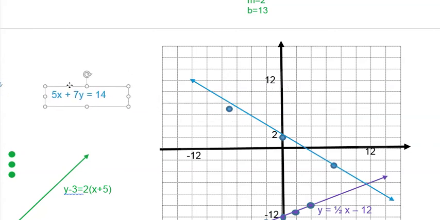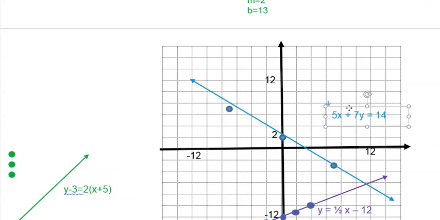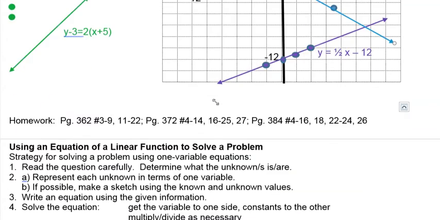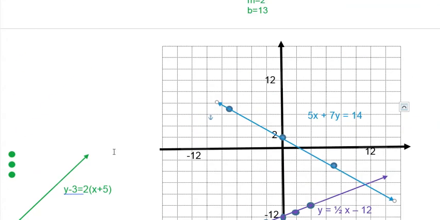No, it doesn't, because it's not going through all 3 points. Okay, so let's see if I made a mistake. So up 5, 2, 4, 5, and over 7, 2, 4, 6, 7. Yeah, that was right. Down 5, 2, 4, 5, 2, 4, 6, 7. I just need to work on my line. There we go, that's better. Hitting all 3 points.